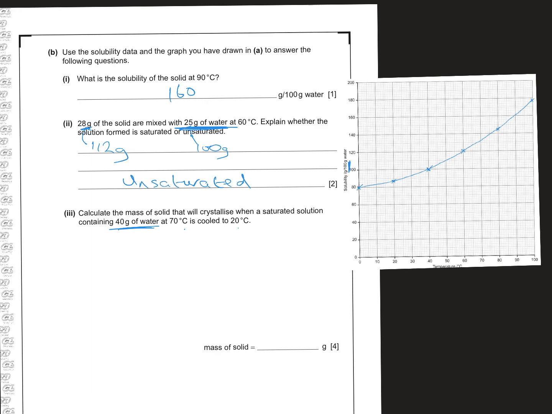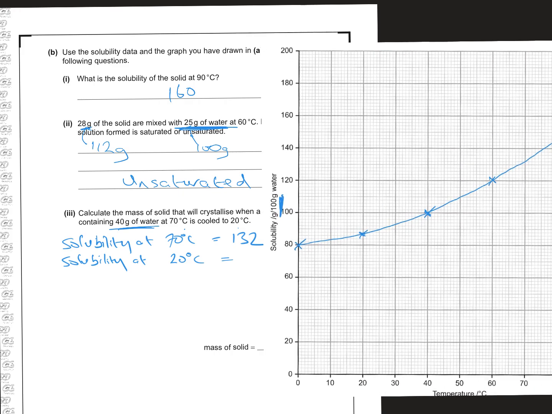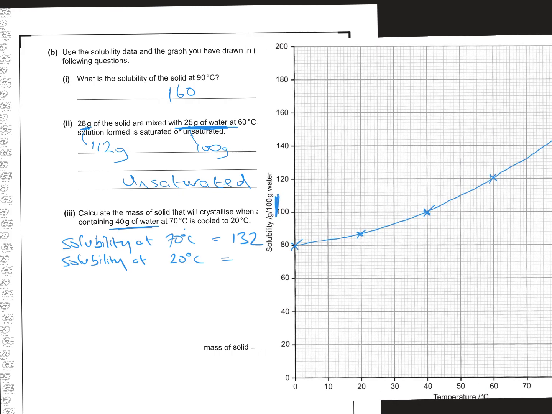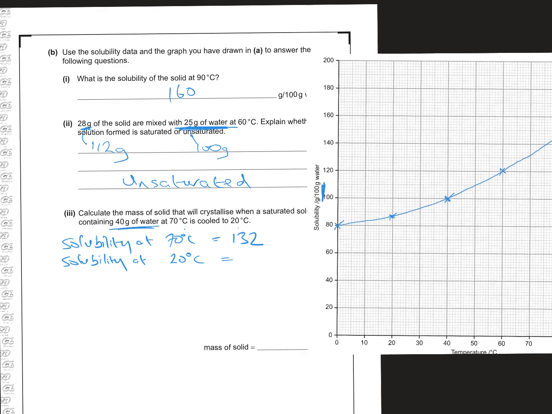The solubility at 70 degrees C is about 132. That's grams per 100 grams of water. The solubility at 20 degrees C, from my graph, zoom in a bit, so 2, 4, 6, it's about 86 or 87.